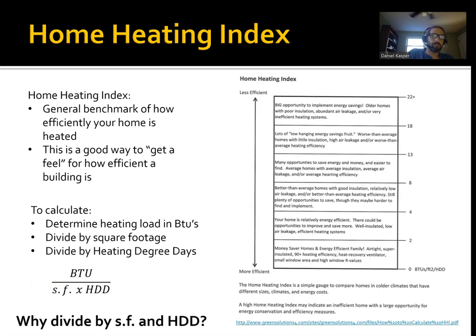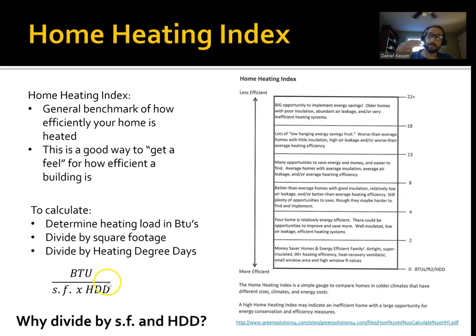So if I have two identical buildings, one's in Florida, one's in Maine, you would expect the one in Florida to have a lot lower BTU of heating, right? Well, guess what? The HDD is also going to be lower. Remember, on that map, Florida has about 1/5 of the HDD of Maine.